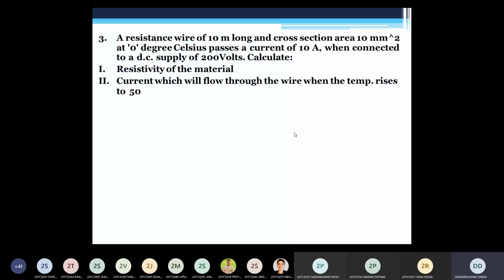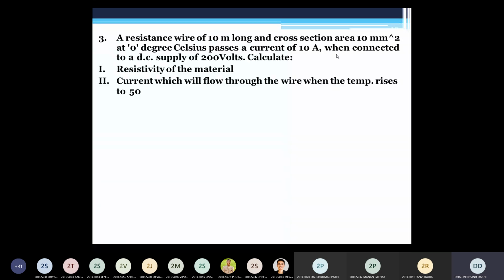Write this: a resistance wire of 10 meter length, 10 meter long, and cross section area 10 millimeter square at 0 degrees Celsius, a current of 10 ampere when connected to a DC supply of 200 volt.